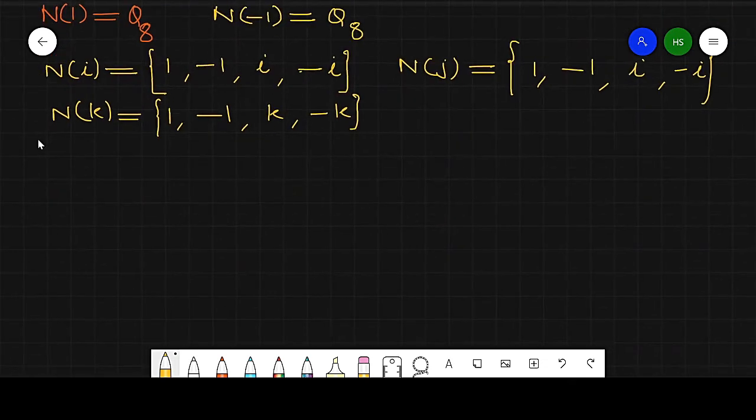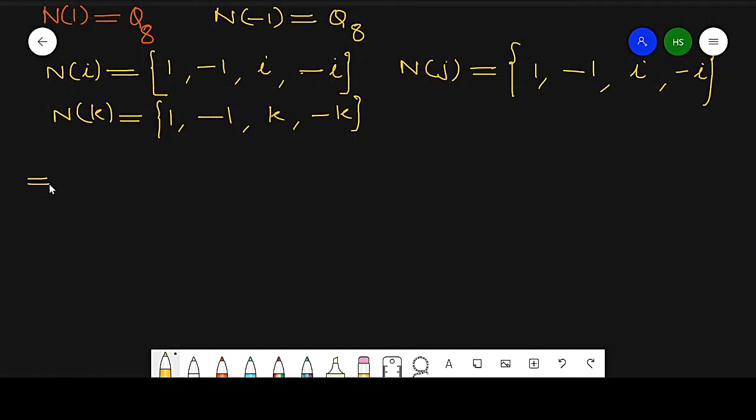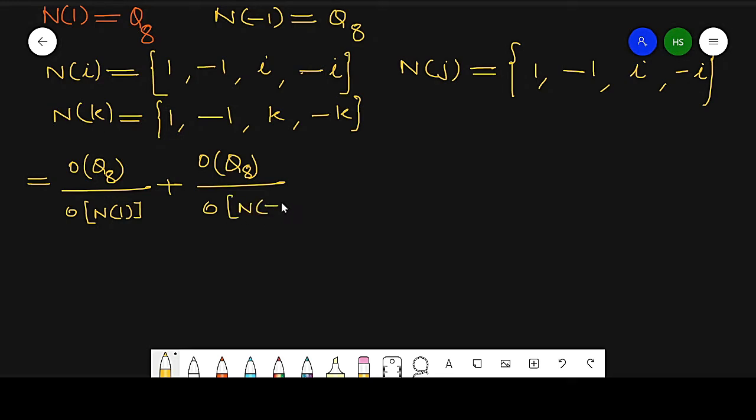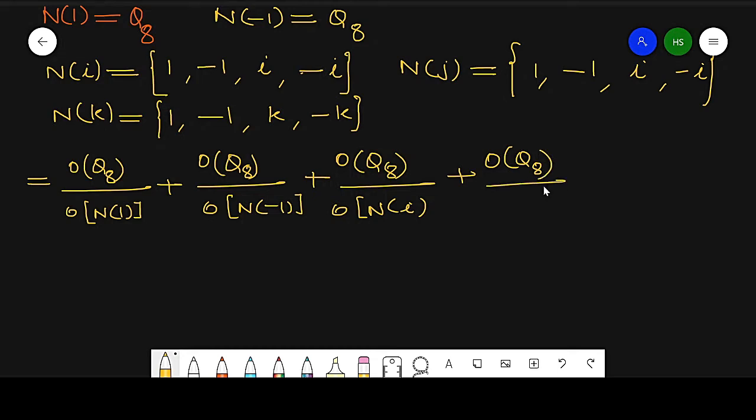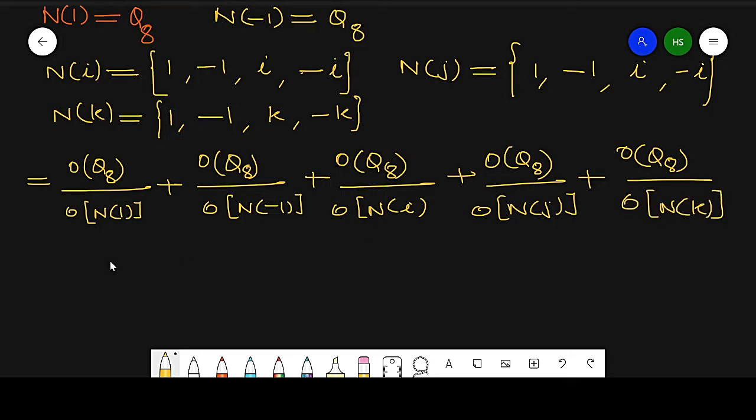Now to find the class equation, first I write order of Q8 over order of normalizer of 1, plus order of Q8 over order of normalizer of -1, plus order of Q8 over order of normalizer of i, plus order of Q8 over order of normalizer of j, plus order of Q8 over order of normalizer of k. Now what is its value?